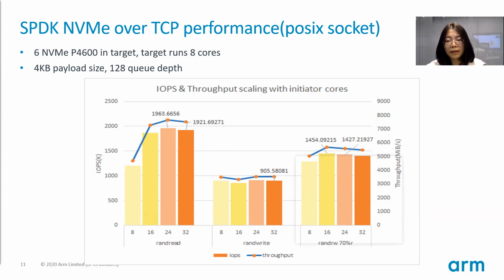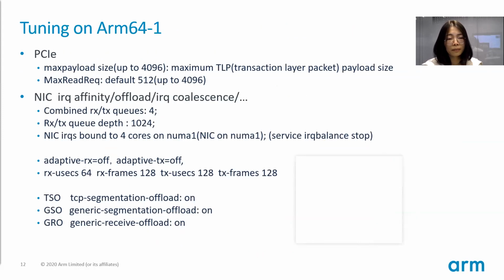And on such a basis, we did some tuning and optimization to improve the performance. We tuned the PCIe parameters, NIC interrupt affinity, and kernel TCP parameters. For PCIe settings, except for PCIe width and speed, we can change PCIe's max payload size and max read request size.